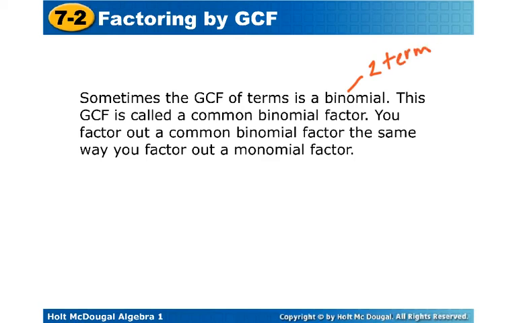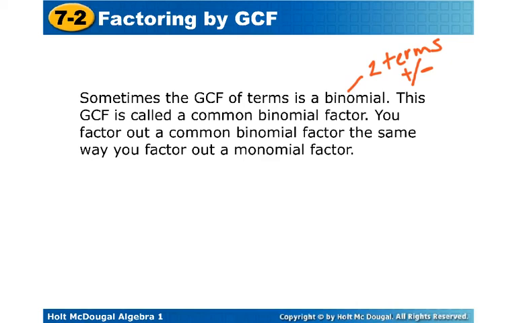And remember, with two terms, you have addition or subtraction separating them. So this GCF is called a common binomial factor. And you factor out a common binomial the same way you factor out a monomial factor, okay? So both terms now are going to have this binomial that can be considered the GCF.